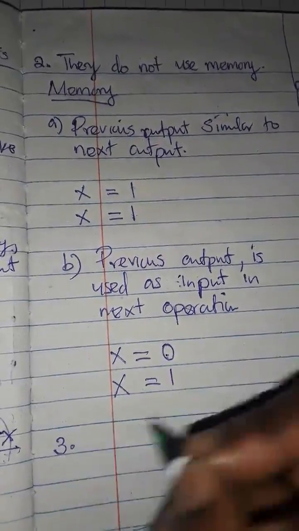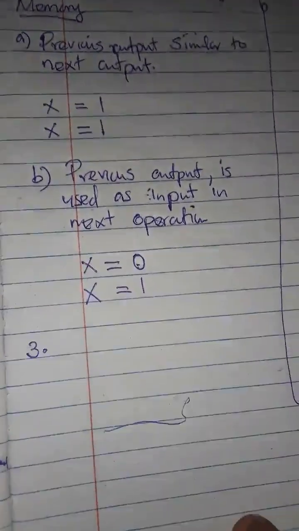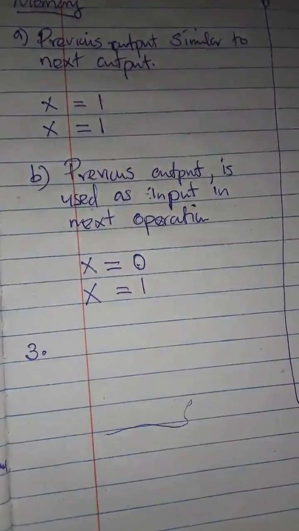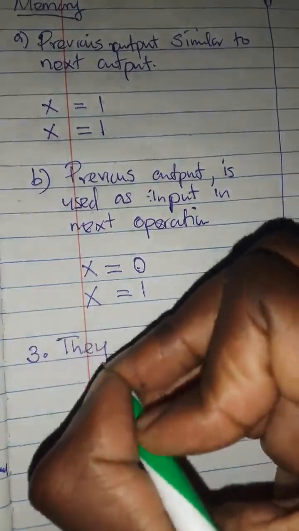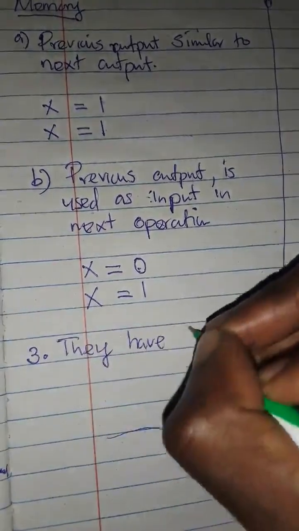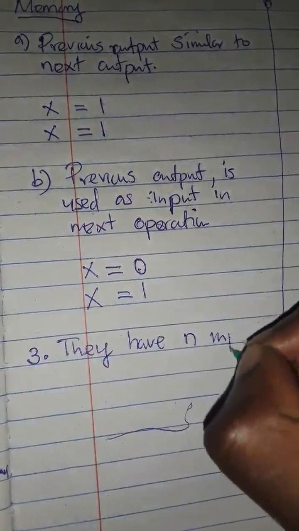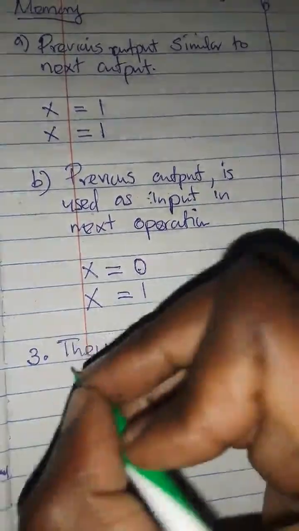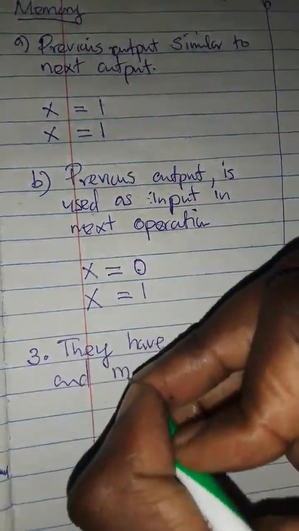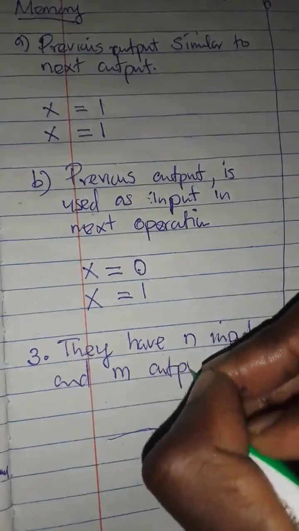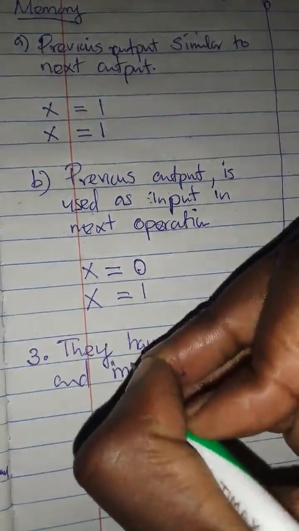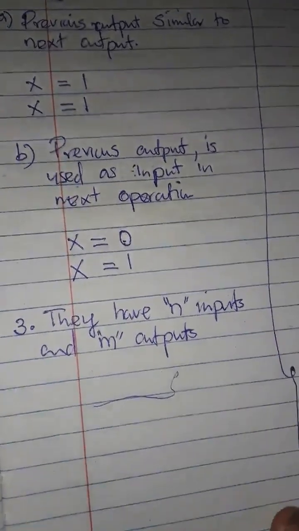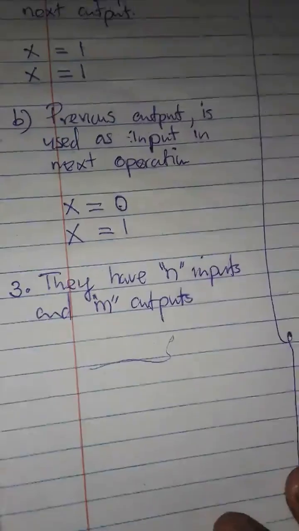The third characteristic of a combinational circuit is that they have n inputs and m outputs.